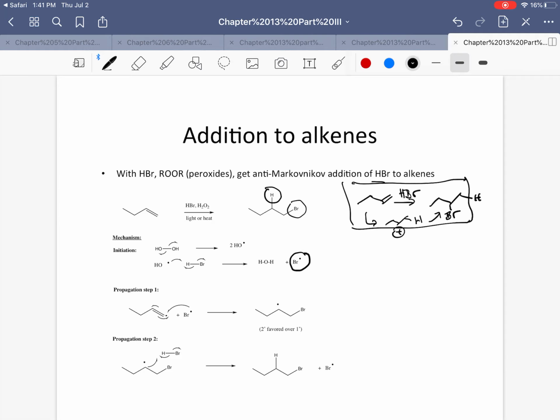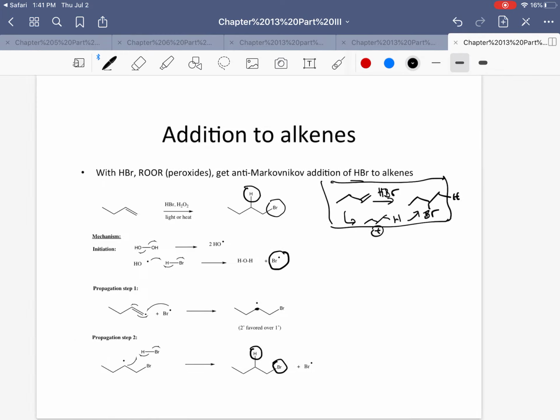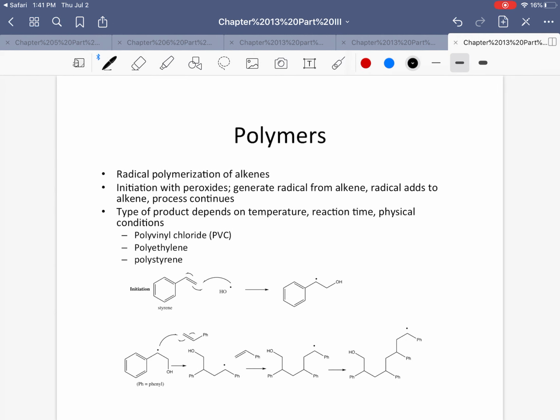Once I get that radical, it can add to the alkene to generate the secondary radical. You're not going to get the primary radical. And then that pulls a hydrogen off of HBr, so the hydrogen comes from HBr to give the anti-Markovnikov addition.